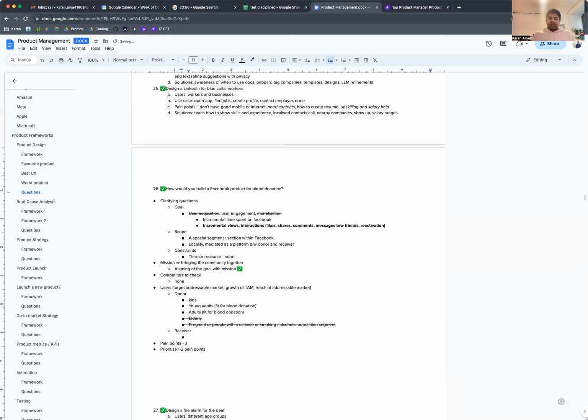Okay, within receivers, it could be hospitals. It could be enterprises versus small, so let's do enterprises, SMBs. Then there are NGOs, non-profits, and by the way, these are more like clinics.